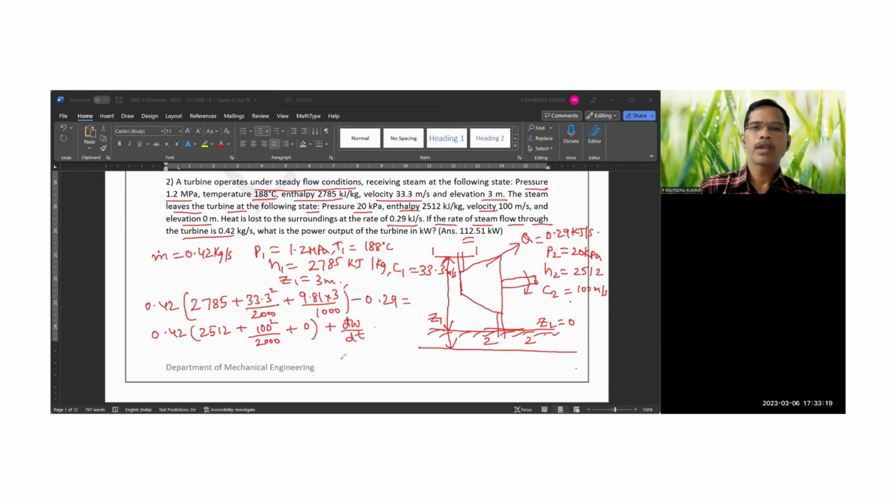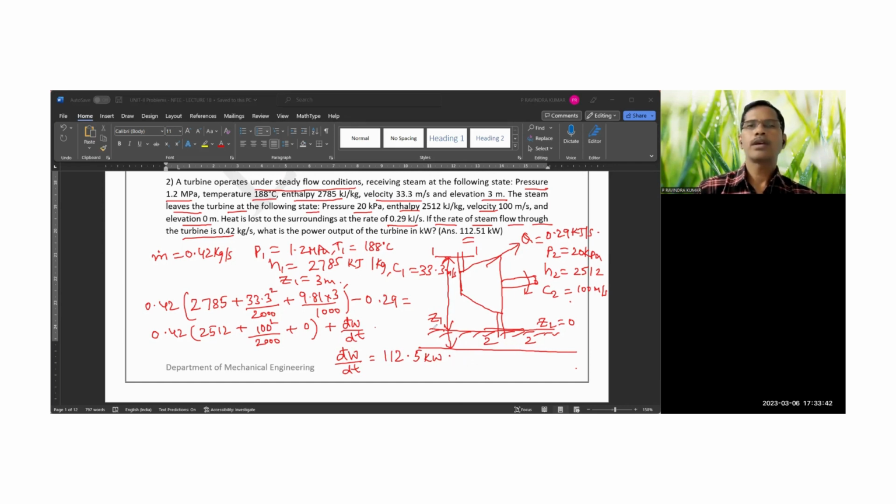After making this calculation, you will get the answer: 112.5 kilowatts. Try to check the answers with your calculator also.